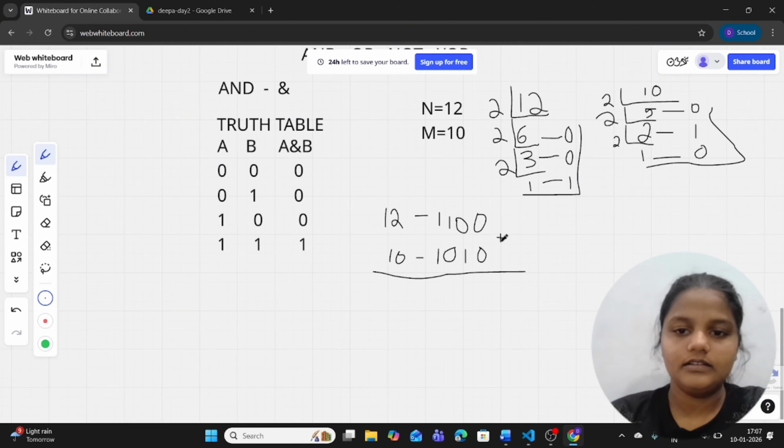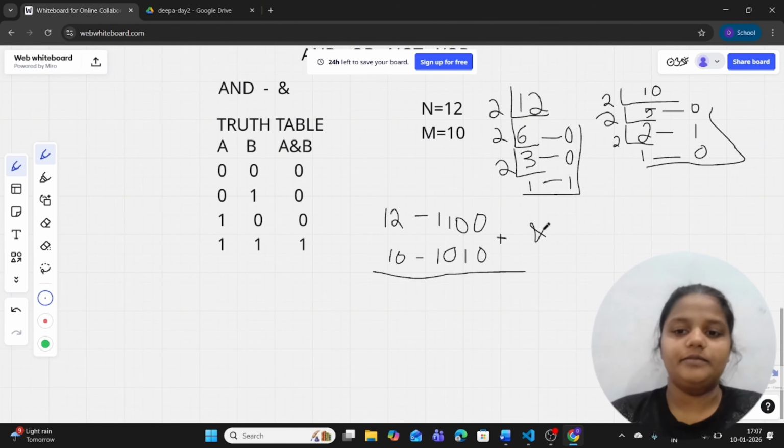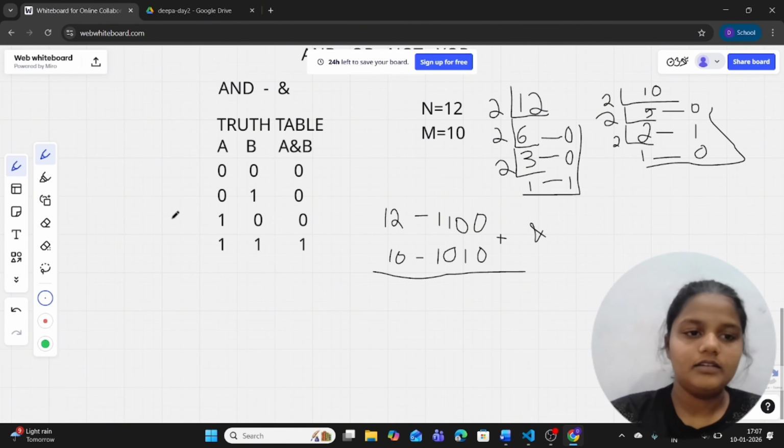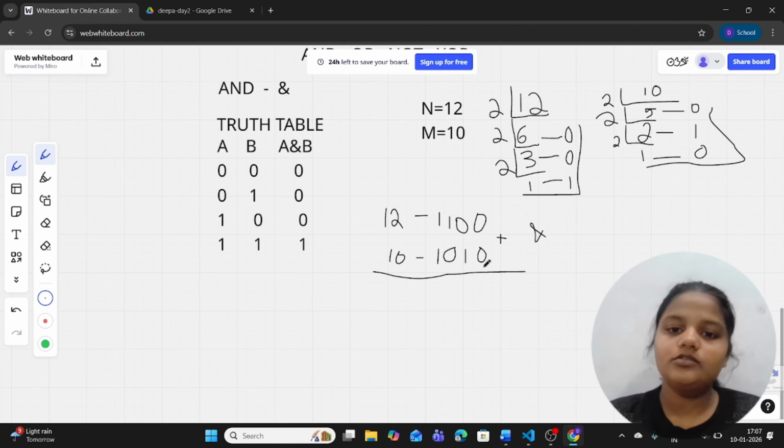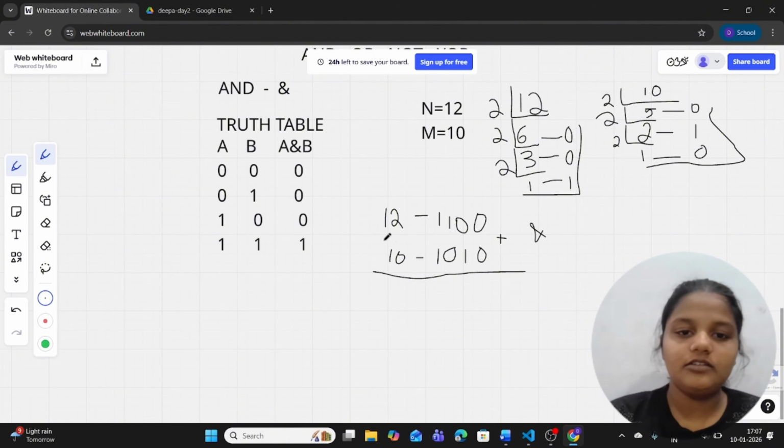So we want to add it. Okay, now we are going to perform the AND operator. In AND operator 0 and 0 we got 0, right? 0 and 1, what have we got? 0.